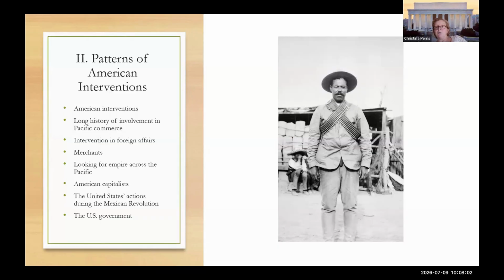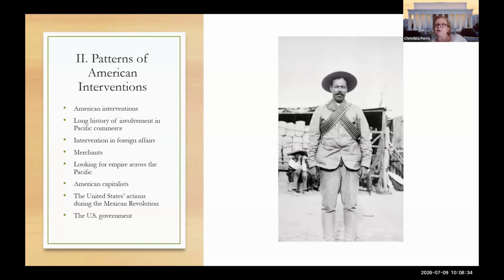Wilson, now upset by Villa, decides that he's going to order a punitive expedition of several thousand soldiers led by one of the best generals that we have in our military, who happens to be General John J. Blackjack Pershing. And he authorizes him to enter northern Mexico and capture Villa.